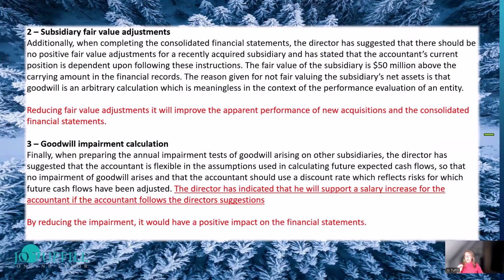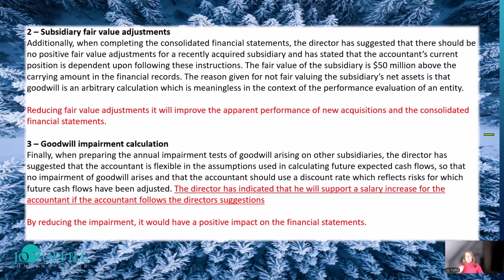That is contrary to IFRS 3, where you must fair value the subsidiaries' assets when you're taking account of a goodwill calculation and consolidating. And the reason they might not be wanting to do that is because reducing fair value adjustments will improve the performance of the new acquisitions and the consolidated financial statements.